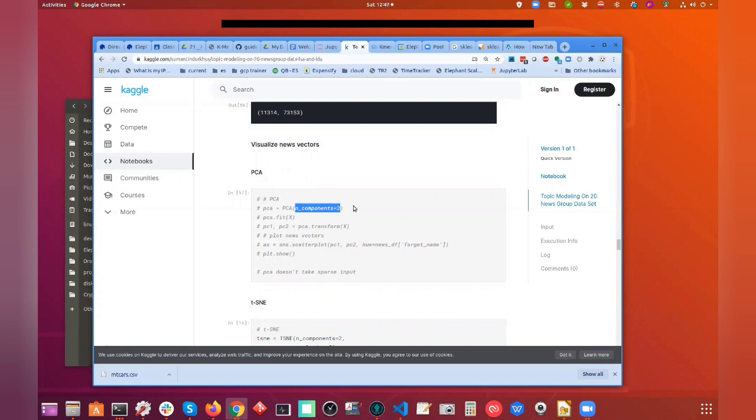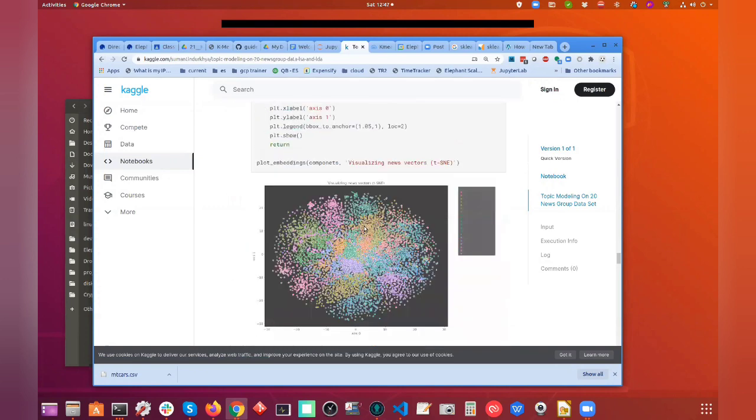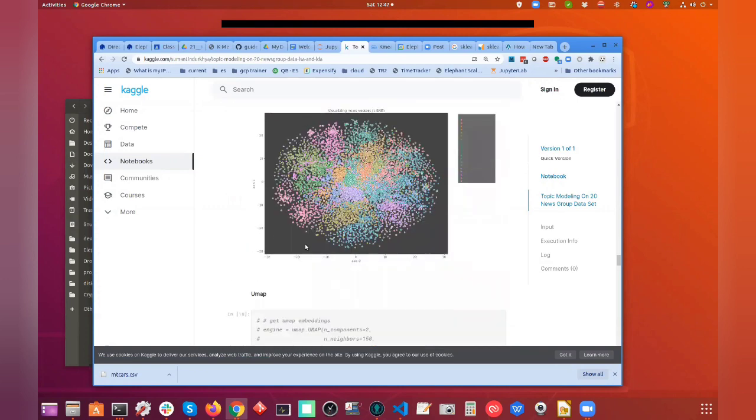If you're wondering why two components, it's because he wants to plot the data to understand what it looks like. We do work in a two-dimensional plot, right? So 73,000 columns are somehow filtered into just two axes. And there's a third dimension here for color coding. That's what the color coding is.